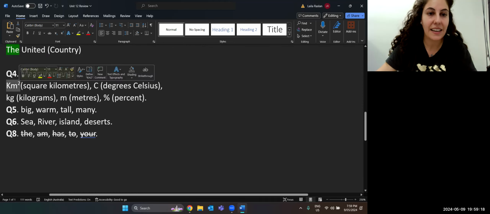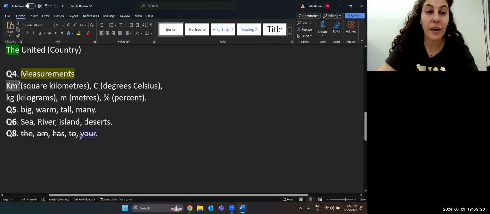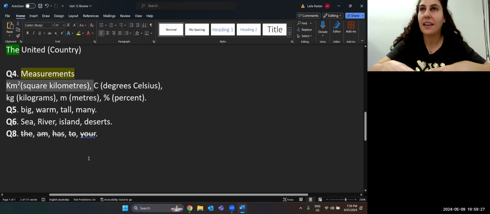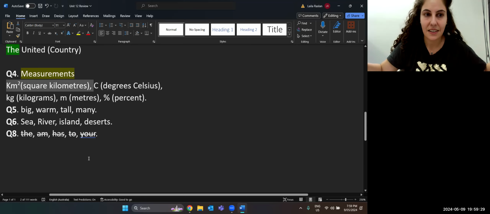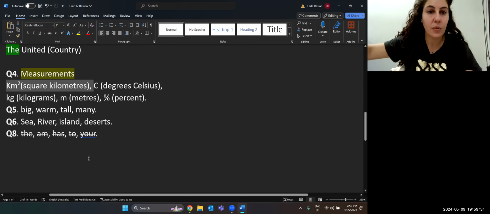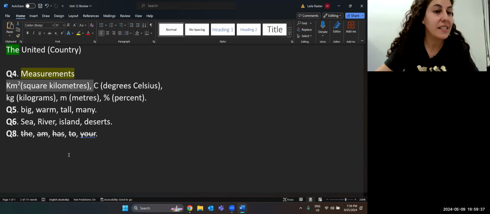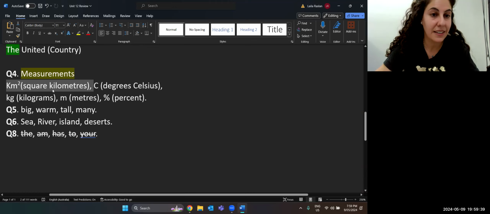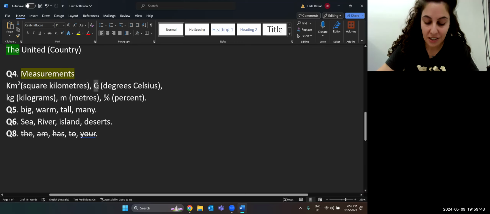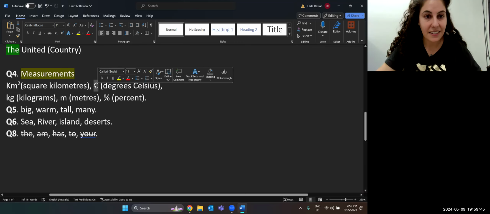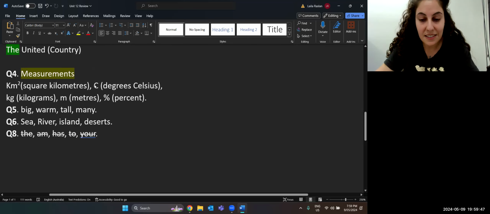This one here is called square kilometers. It's because I want to measure how much land. So your home, how many square kilometers? When we're talking about the size of the land, we say square kilometers. When I'm talking about the temperature, I say degrees Celsius.